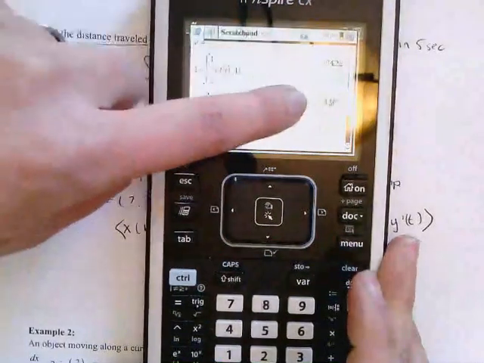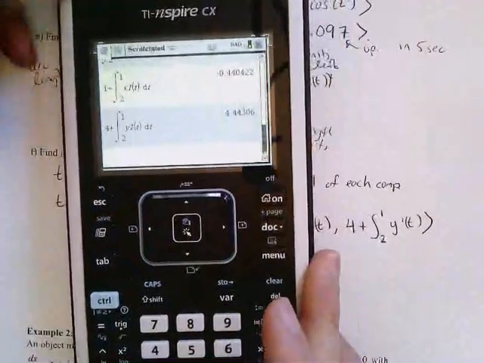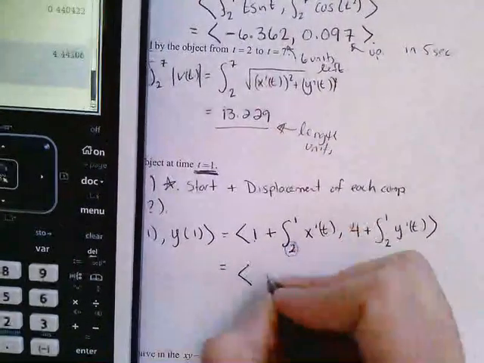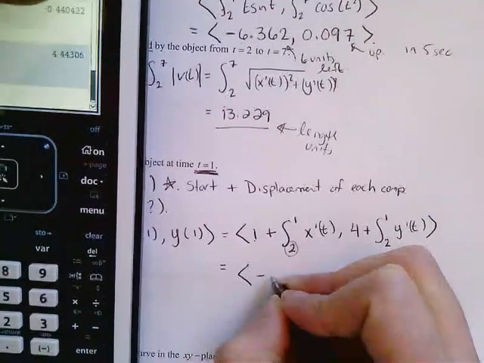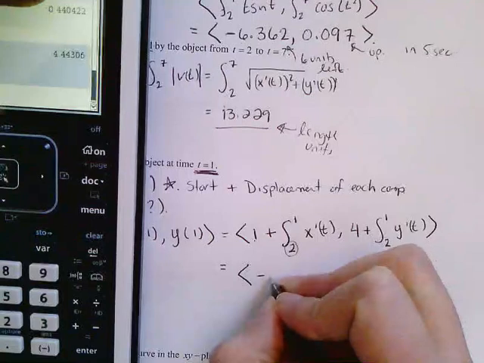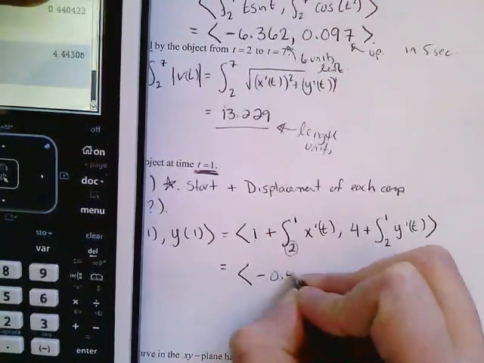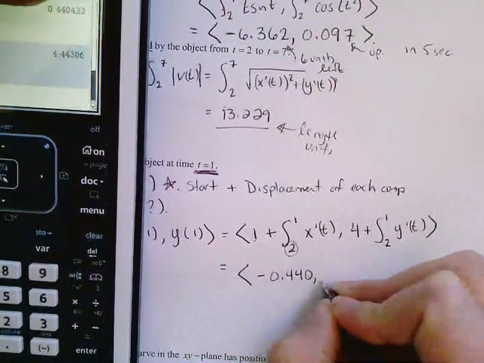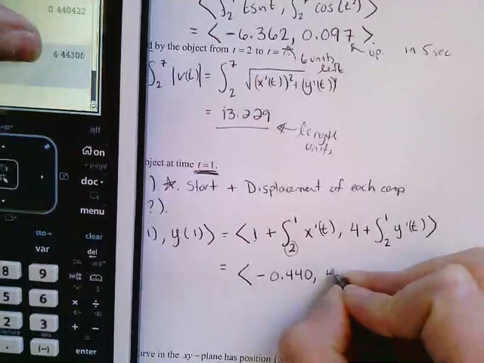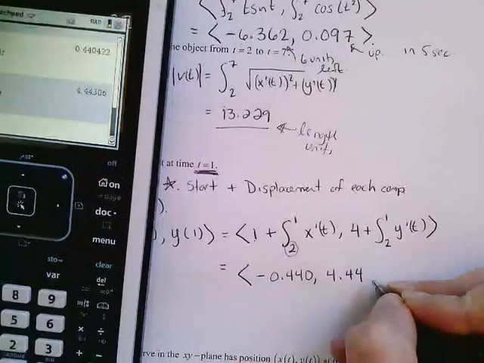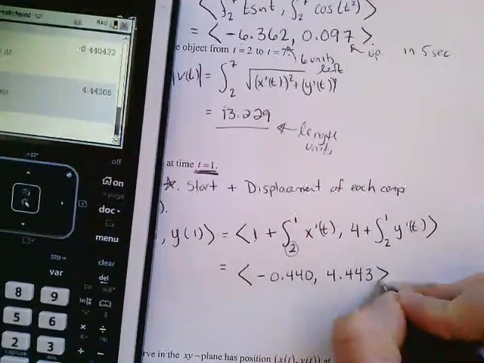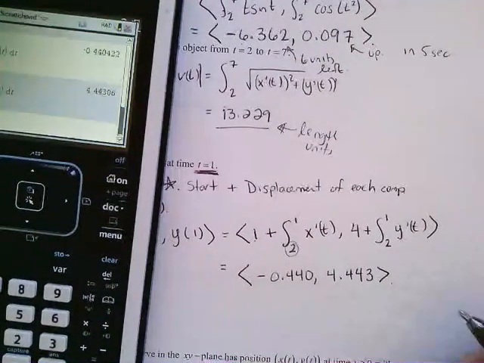So there's my x and there's my y. So my position at 1 second is 0.440 units left and 4.443 units up.